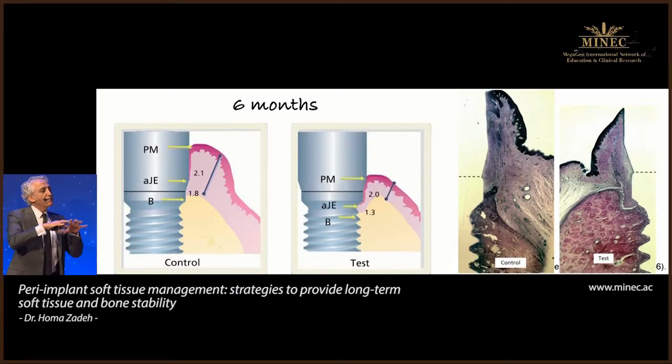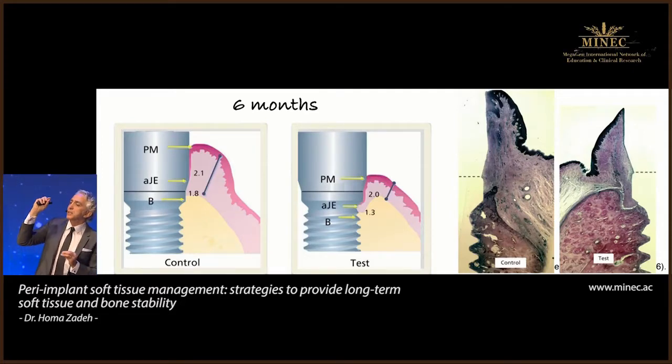When they compared these two groups after 6 months, they found that the ones that had thick mucosa had very stable bone. Those that had thin mucosa, but still with keratinization on the surface, had marginal bone loss. Why would that be? Knowing what we know today about biologic width, we can now appreciate that where you have thick mucosa, it is possible to establish a biological width above the bone, supracrestally.